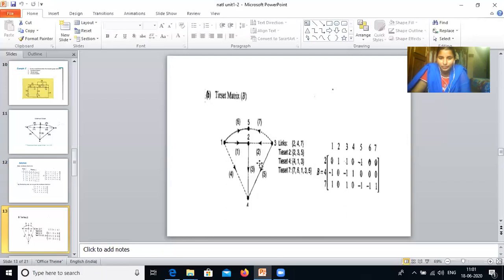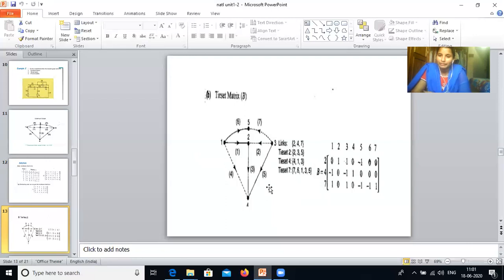This is one loop. If we add 4, this is one more loop. If we add 7, this is one more loop. That is the tie-set. We add 2, 7 and 4, and we get one loop each.